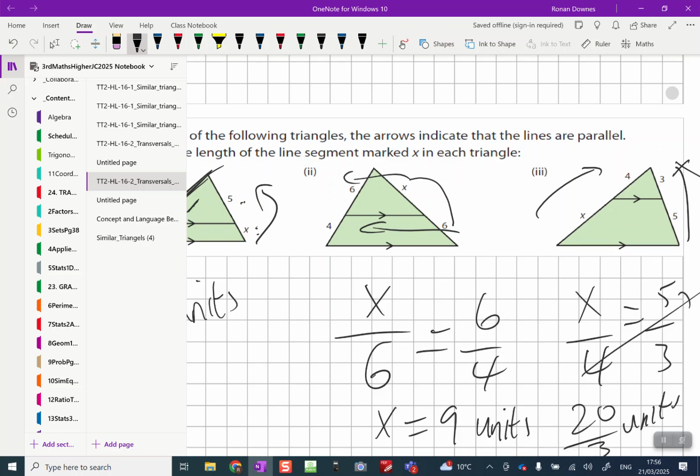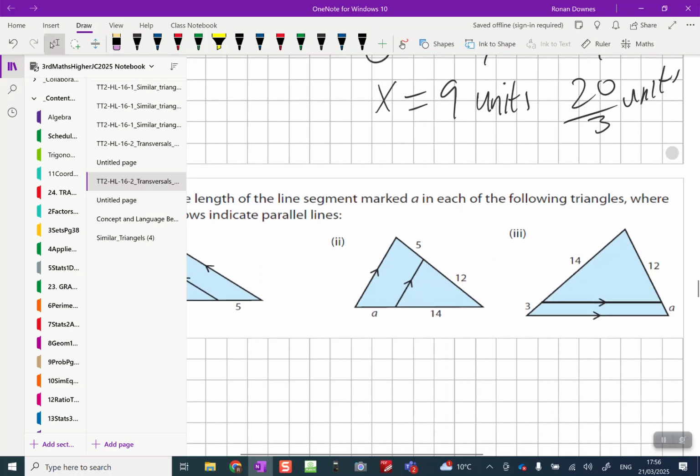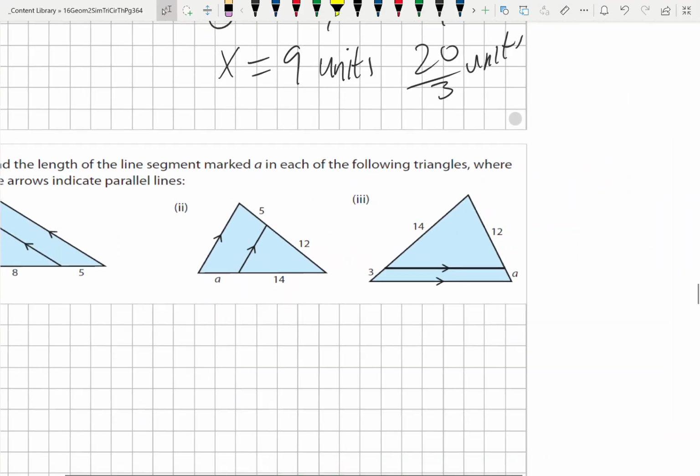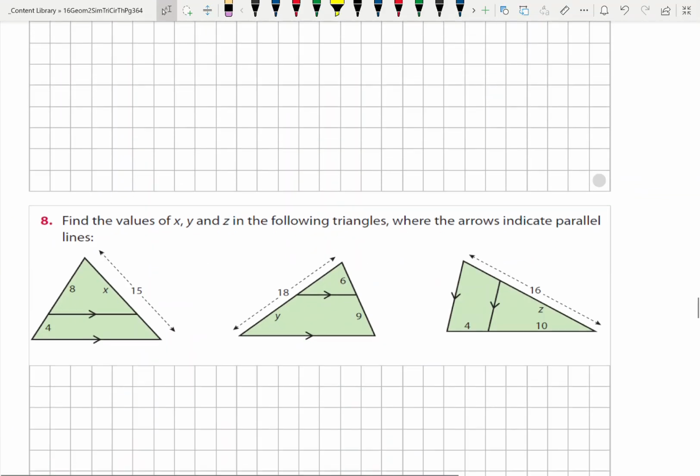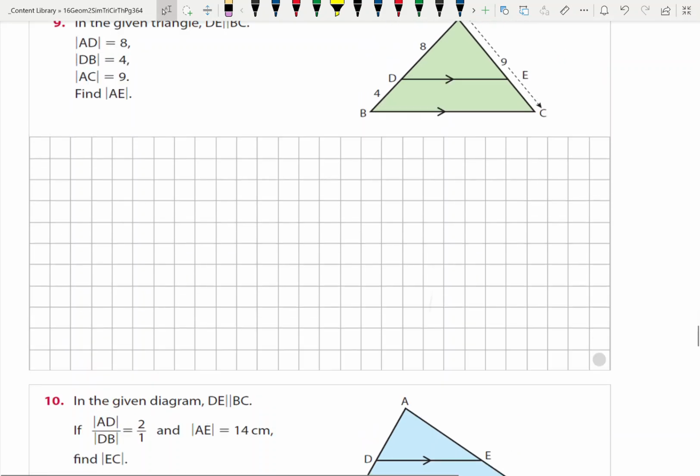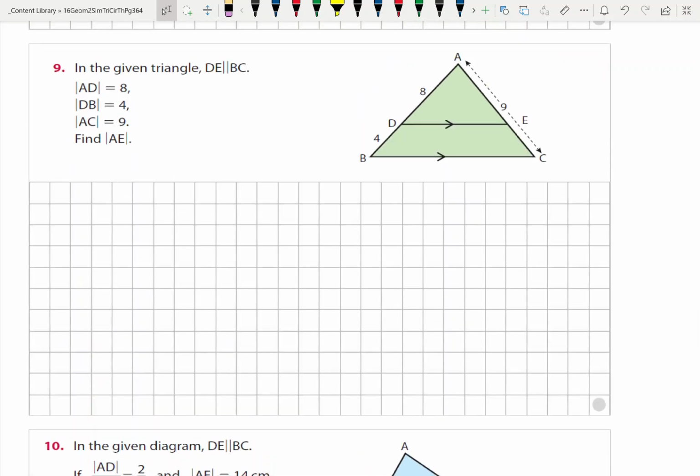Driving on, going full page. We're looking for another multiple of 3. Well, 7 isn't a multiple of 3. 8 isn't a multiple of 3. We're on to question 9. Find AE. Find the distance from A to E. This bit. Fine. That acts as my variable.